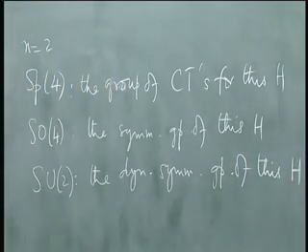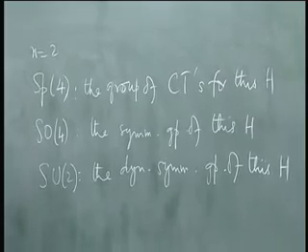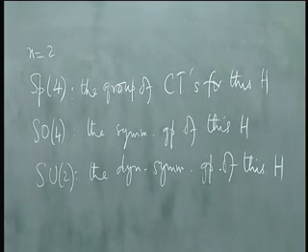And this symmetry group, the abstract group, is a group of 2 by 2 matrices which are unitary with complex entries and which have unit modulus.